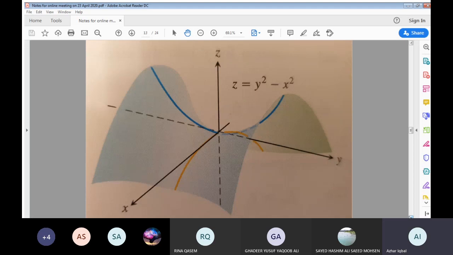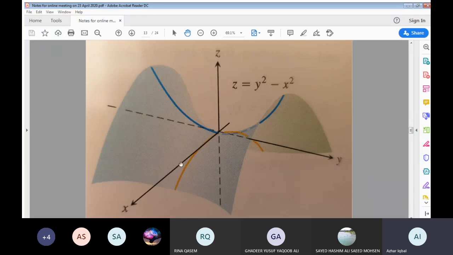Now this is an example of a saddle surface, and this is the graph of the equation z equals y squared minus x squared. You can see this is a saddle because if you consider the xz plane crossing this surface, it will generate this yellowish curve.